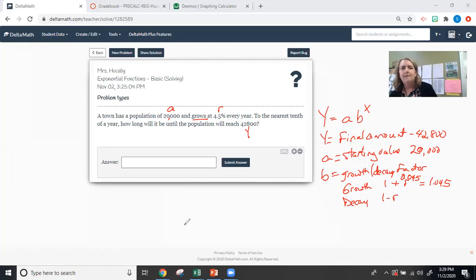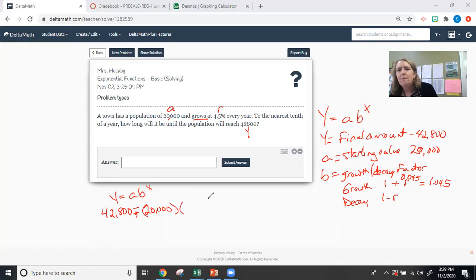We don't need the decay in this one, but sometimes you'll have decay, or a smaller amount. So let's set this up. Remember we had y equals a times b to the x power. Our y value is 42,800, and our a value is 20,000. Let's put that in parentheses.